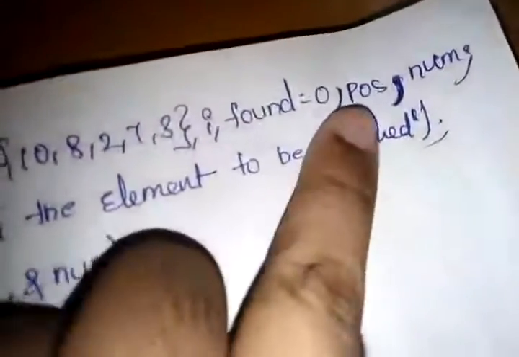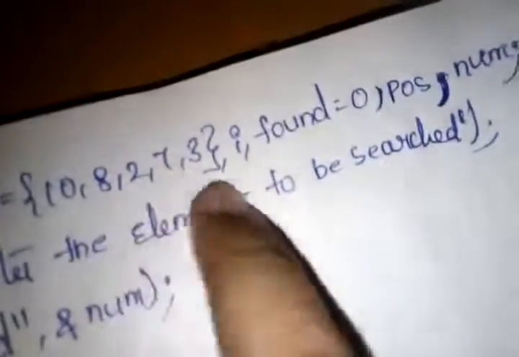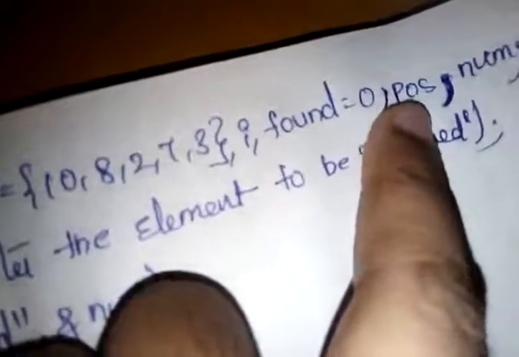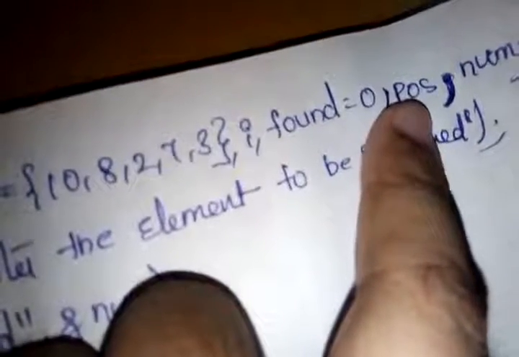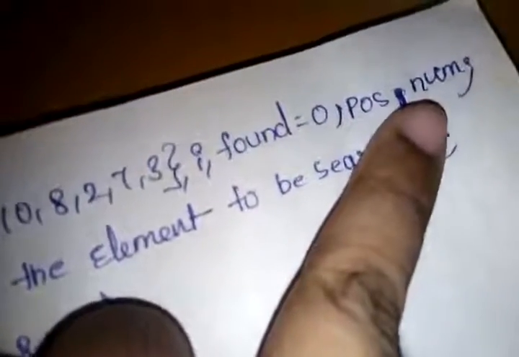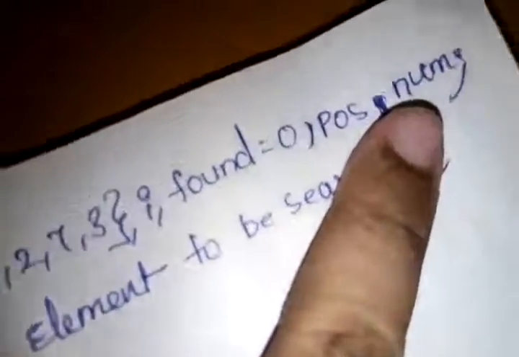Then if we want to print the position at which we found that element, to store that we need a variable POS. If you want, you can eliminate this, and then the search element which you wanted to search will be placed here.